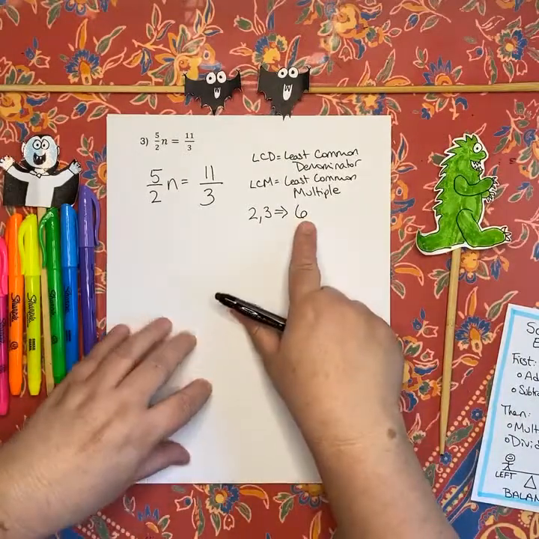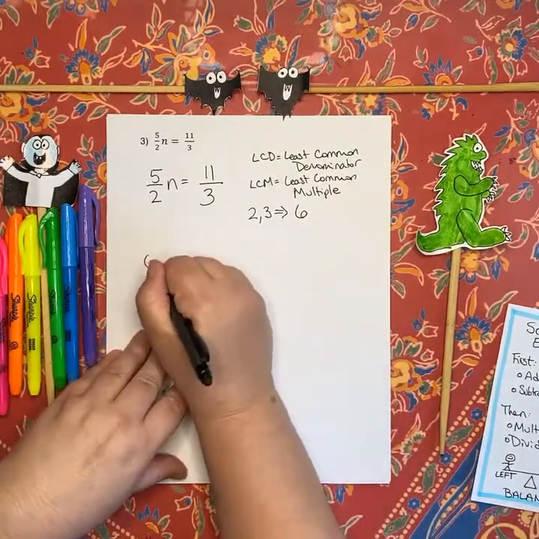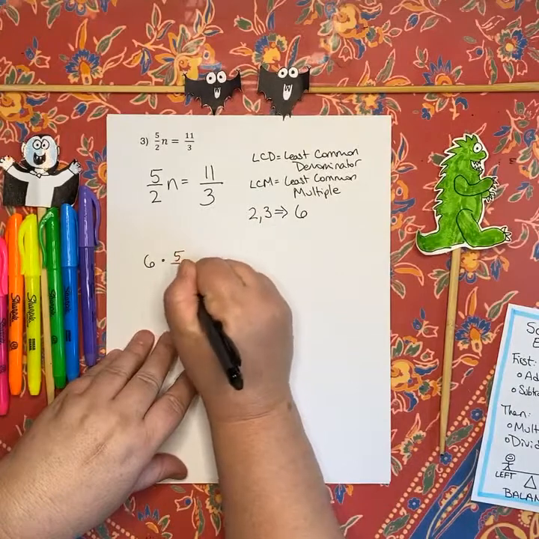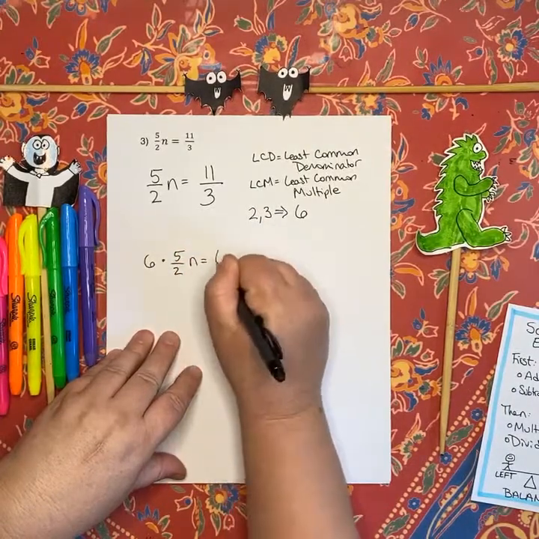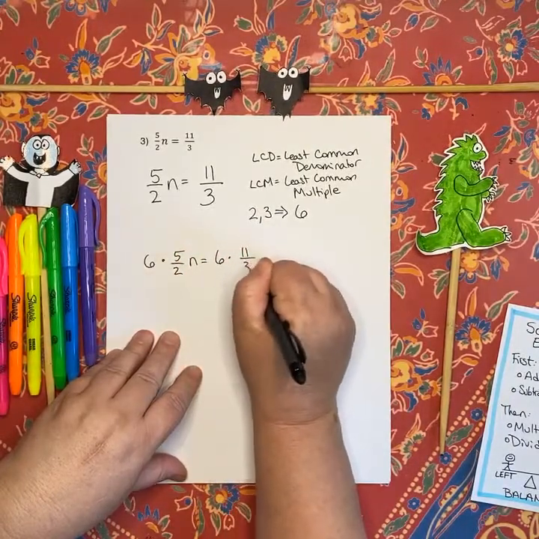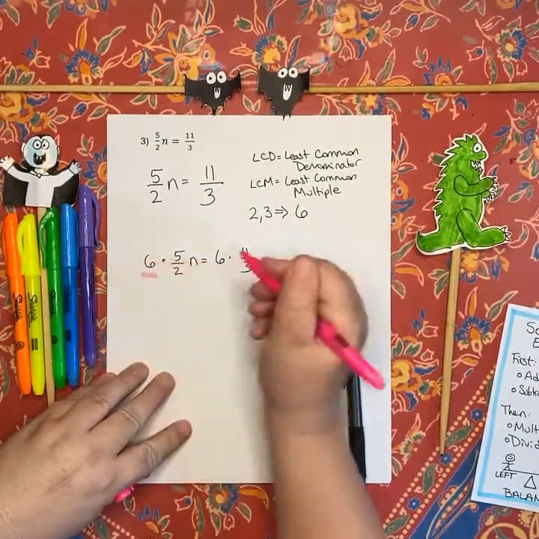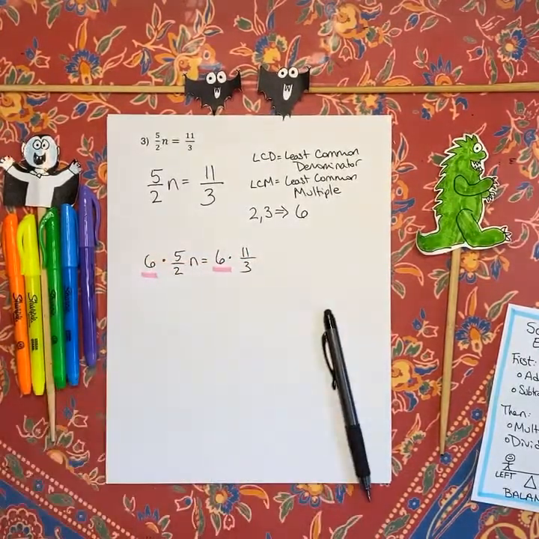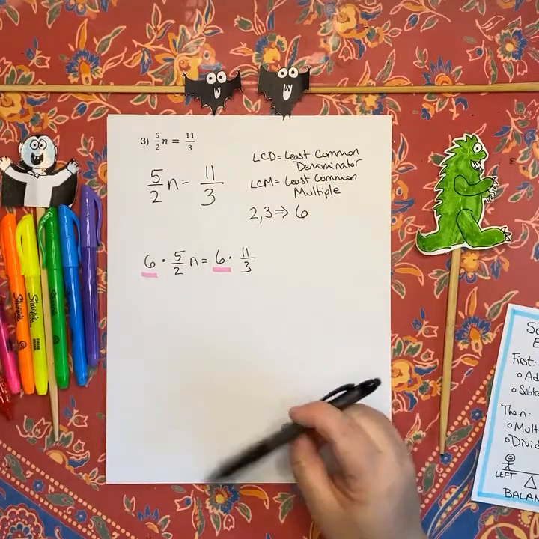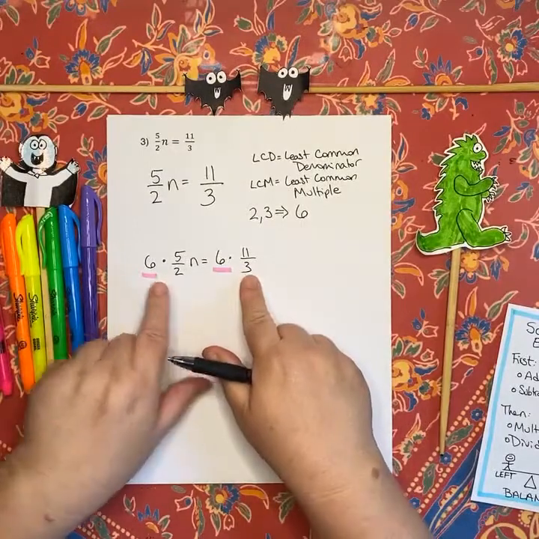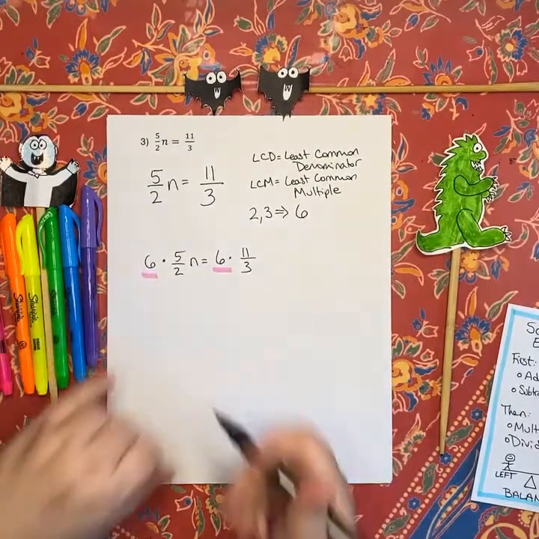So what am I going to do with the 6? Well, I'm going to multiply the 6 on both sides, just like I have done in the past. Once on the left, once on the right, because there's one term on each side. Because I am dealing with fractions, I'm going to rewrite the 6 in fraction form.